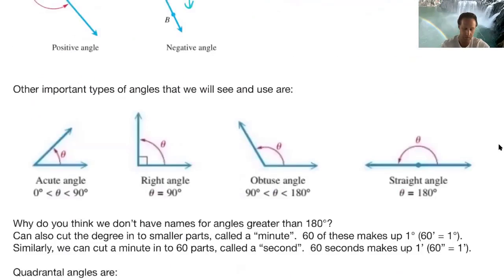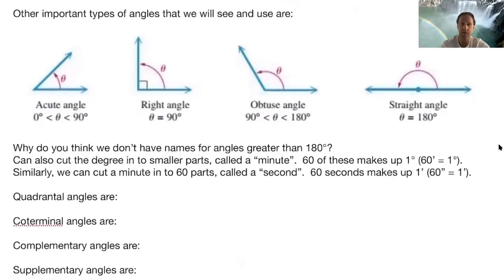All right. Pretty straightforward. Some of the other types of angles we'll talk about are what are called acute angles. Those are those little acute ones that are between 0 and 90. We stop at 90 and call that a right angle, which many of you guys are probably familiar with.